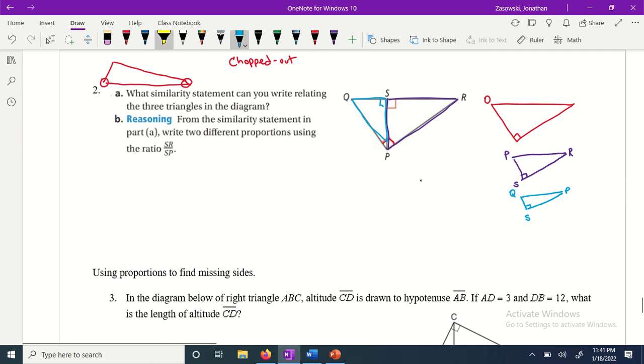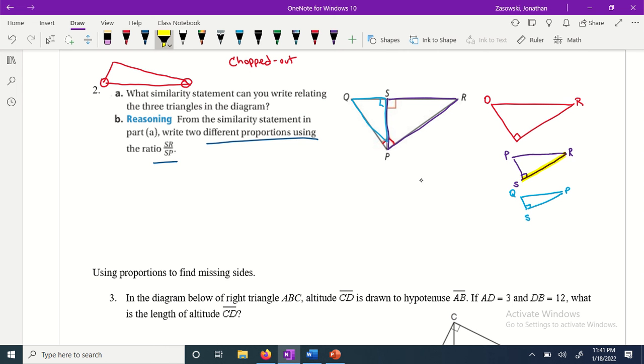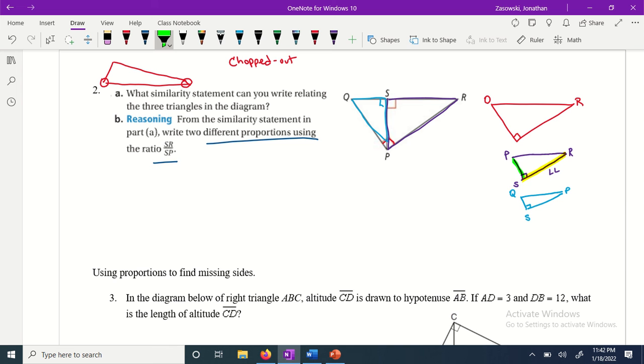So we want to write two different proportions using the ratio SR to SP. If you look at SR, that's in the middle triangle here. What I want you to notice is SR, which is right here, is the long leg, and SP is the short leg.